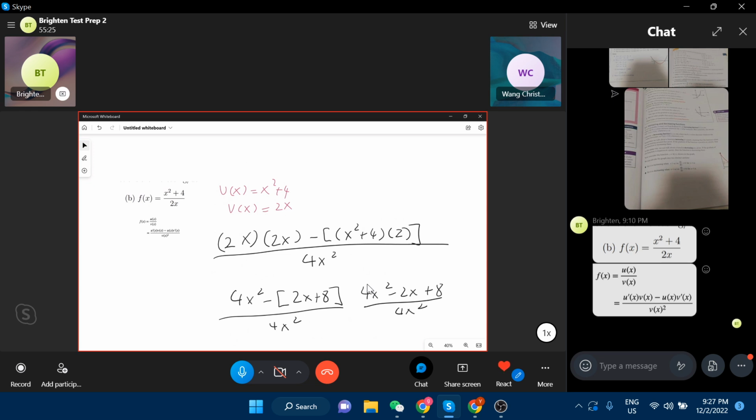Wait, no. Did I make a mistake? Oh, minus, yeah. Both are minus, right? So minus, yes. Then it will become 2x squared minus 8 over 4x squared. And then if I simplify it, it will become x squared minus 4 over 2x squared.